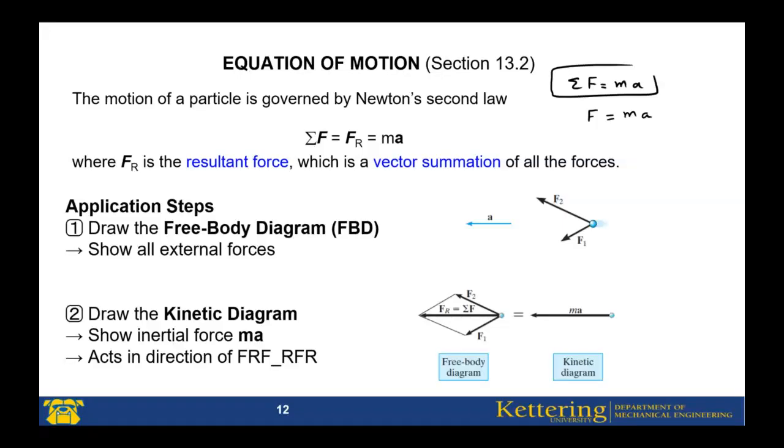Now, to use the equation of motion, first we need to draw a free body diagram. You learned about the free body diagram. If this is a body or particle, and these are the external forces applied to this particle, we will show all external forces on the free body diagram.